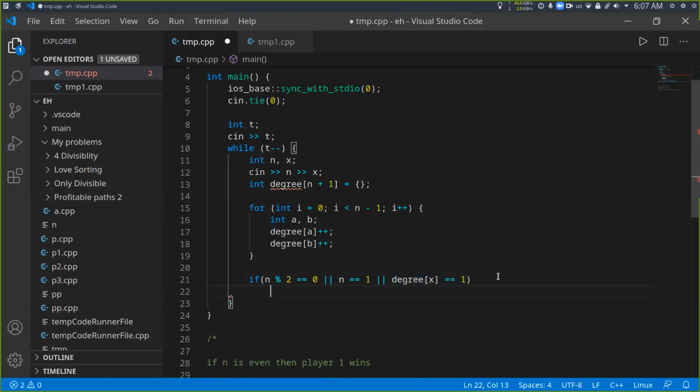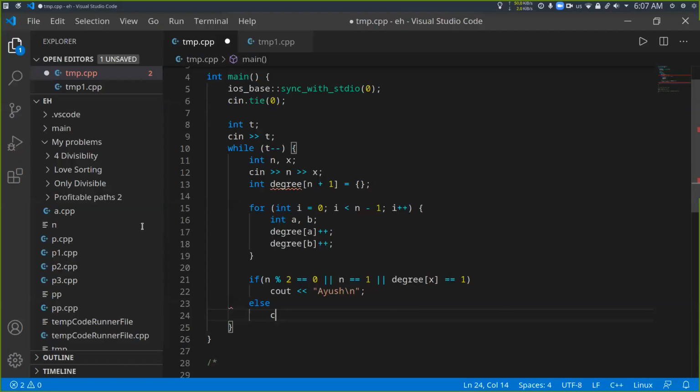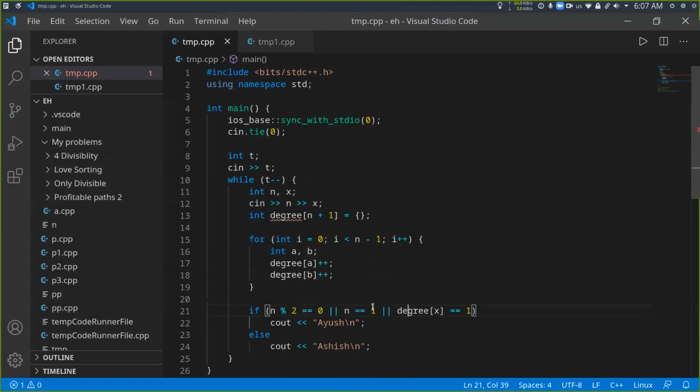Then player 1 wins. Then output Ayush. Else output Ashish. So that's it. If n mod 2 equals 0, or n equals 1, or degree of x equals 1, then Ayush wins. That's it. Any question about this problem?